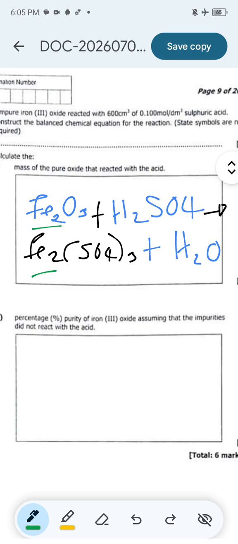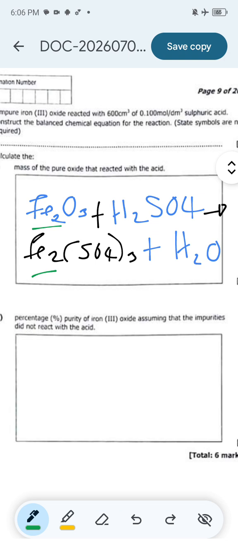When you look at the atoms of oxygen, we have about 3 atoms of oxygen on the reactants, but in the products we have about 13. 4 times 3 is 12, plus 1, that's 13.